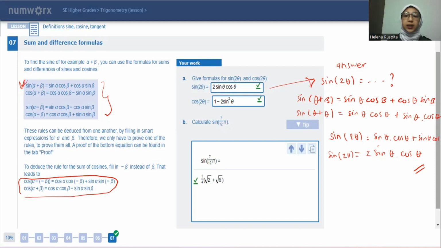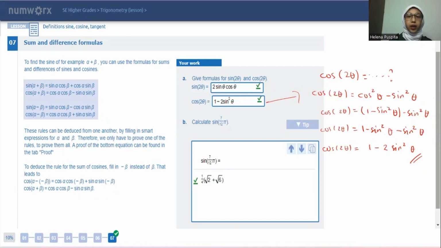And then sine of theta plus theta equals sine theta times cos theta plus sine theta times cos theta. So sine 2 theta equals sine theta times cos theta plus sine theta times cos theta. So the solution is sine 2 theta equals 2 sine theta times cos theta.